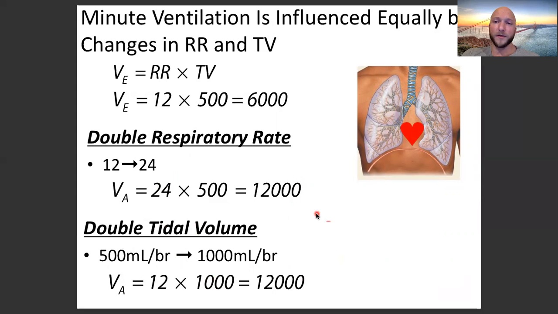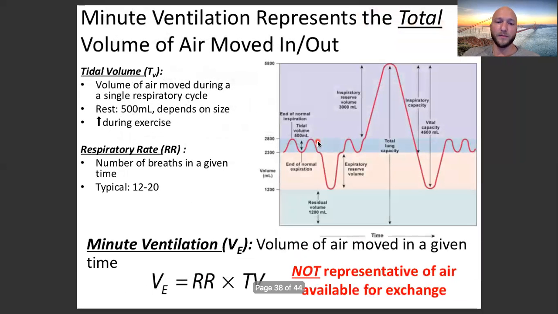So what do you think works better, increasing respiratory rate or increasing tidal volume? The math is the exact same if you compare doubling respiratory rate or doubling tidal volume. Well, minute ventilation is not representative of the air that's available for exchange.